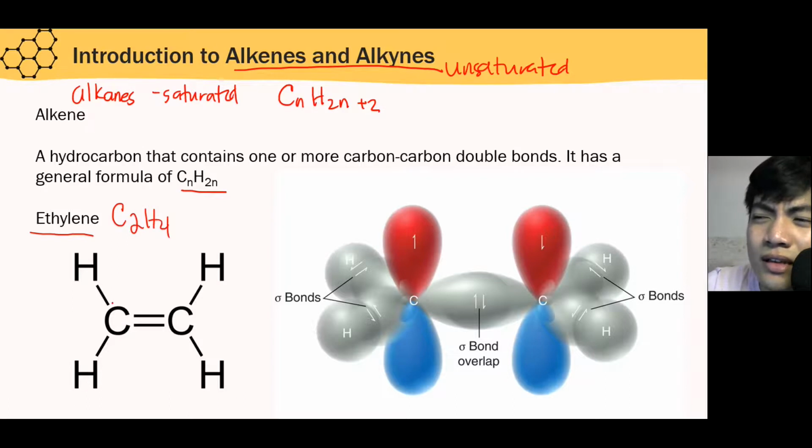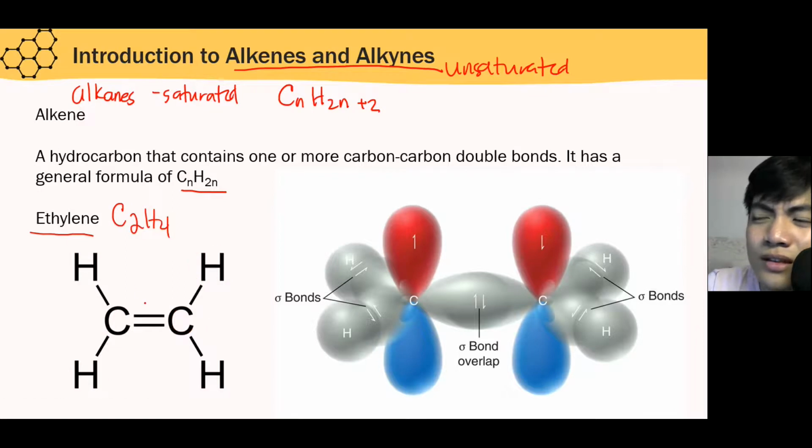As you can see, this carbon is bonded to only three different atoms, right? These two hydrogen and this other carbon. Similarly, this carbon is also bonded to three different atoms: these two hydrogen and that carbon.